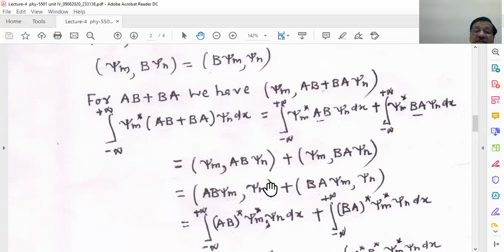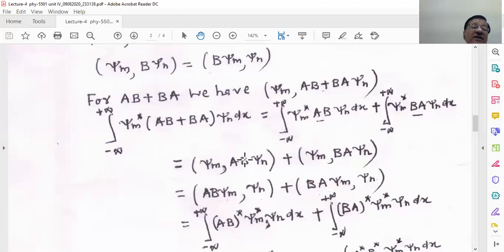Please understand this step. A is Hermitian, B is Hermitian, then the operation AB is also Hermitian, and BA is also Hermitian. Please remember that the operation AB, that is A followed by B, is a Hermitian operator, but there is a condition that operator A and operator B should commute with each other.